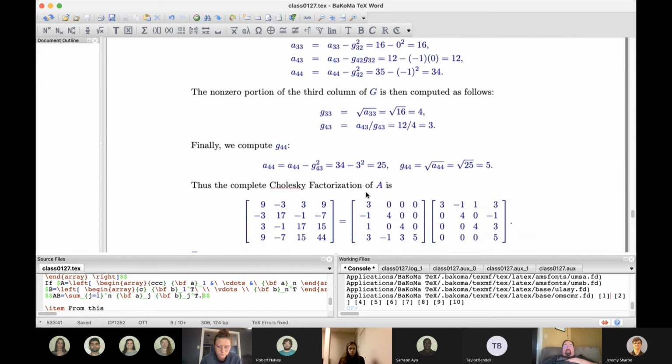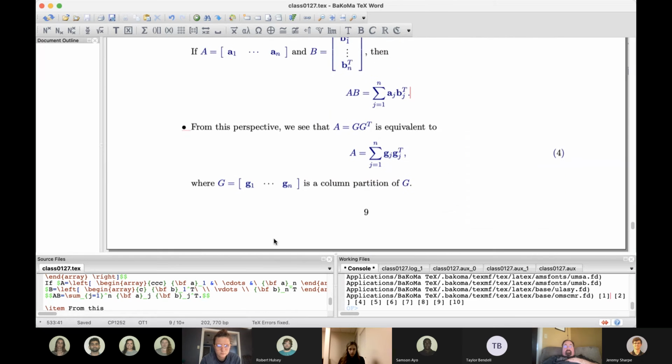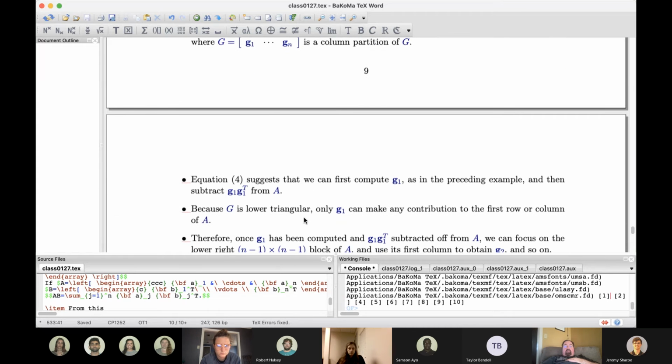Now, why is that helpful? Because G is lower triangular: in G_1 the whole column can be nonzero, in G_2 the first entry must be 0, in G_3 the first two entries must be 0, and so forth.